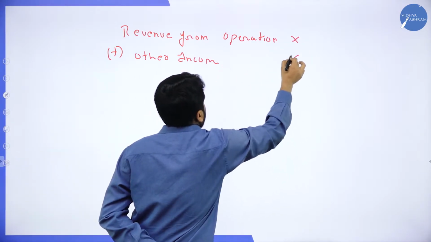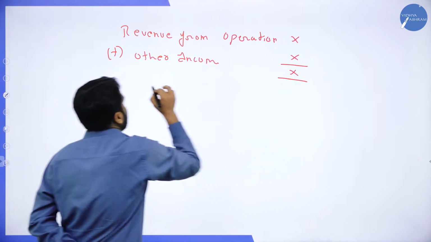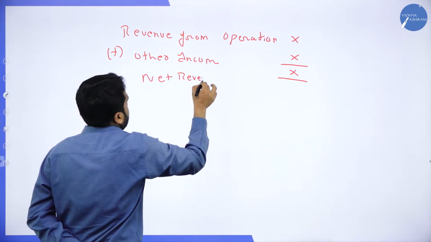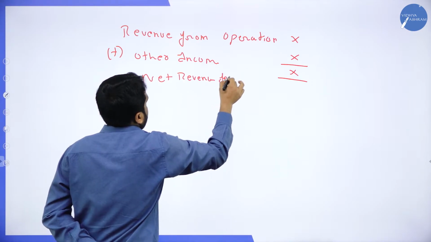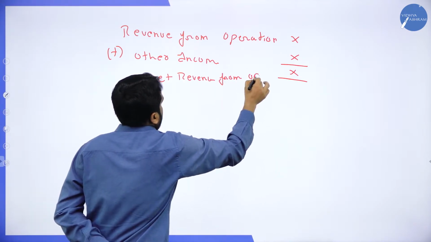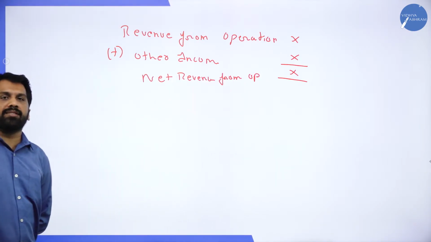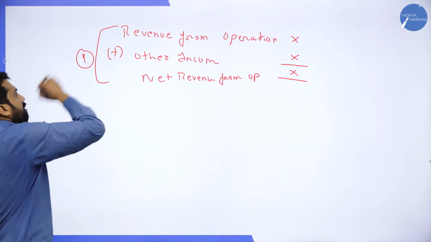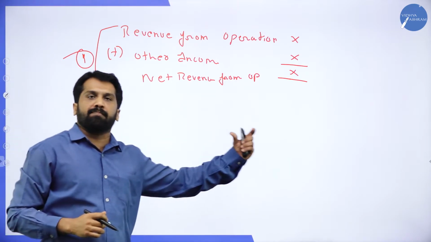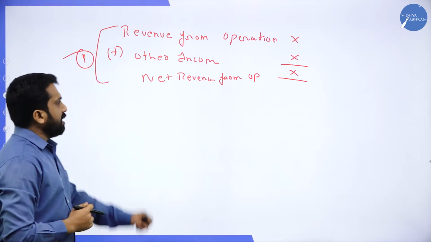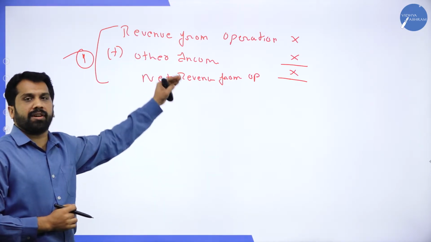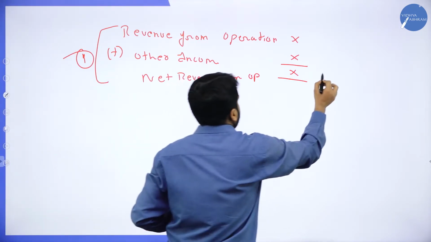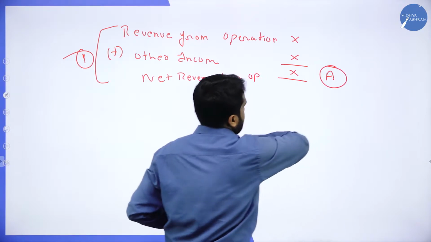If you add these two, you will get net revenue from operation. This is your stage 1. The first stage, very simple. Revenue from operation plus other income. They will give you directly, just you have to add and write. This we call part A.